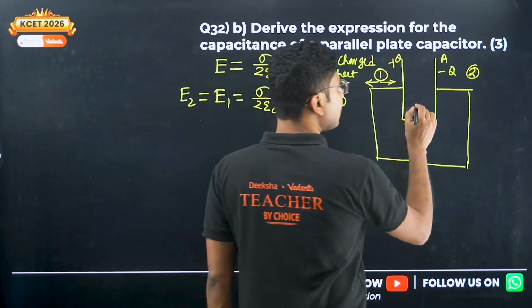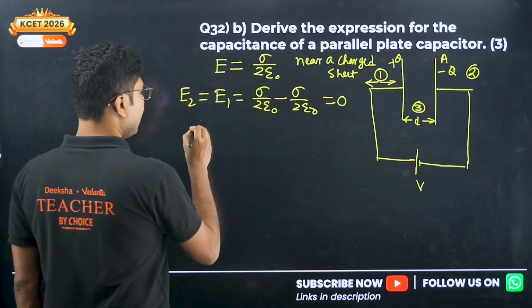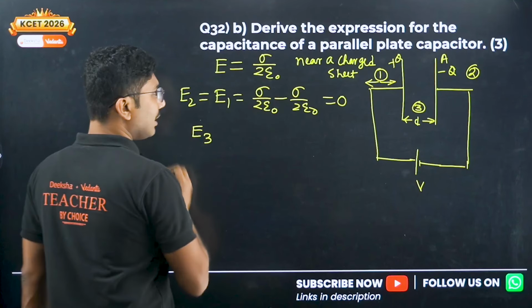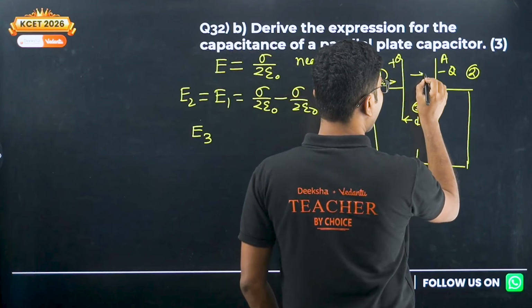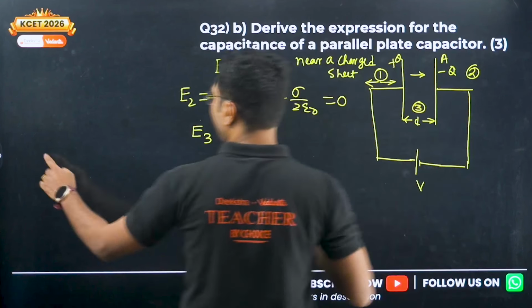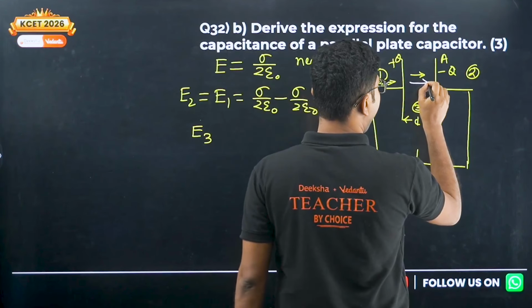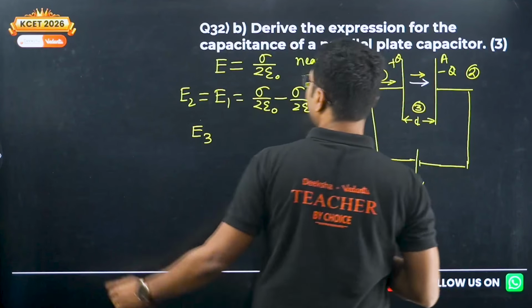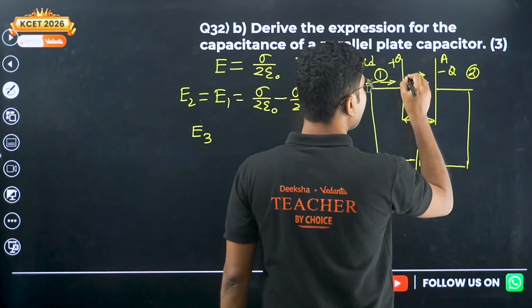But if you consider zone number 3, then you will get something interesting. In zone number 3, the electric field due to the positive charge will be away from it, and due to the negative charge will be towards it. So positive and negative fields are both in the same direction for zone number 3.